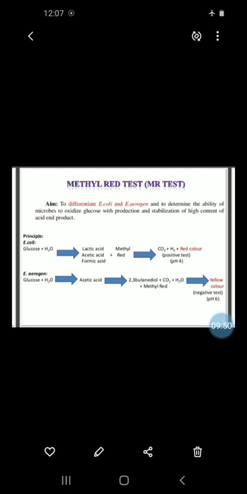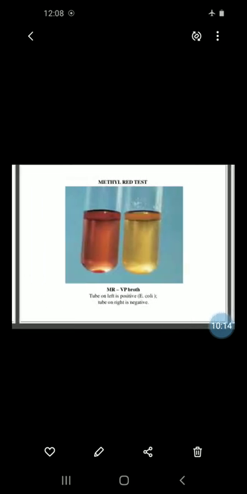Then for E. aerogenes, glucose plus H2O gives acetic acid, then 2,3-butanediol plus carbon dioxide plus H2O, and with methyl red it gives yellow color, which shows the test is negative, at pH 6.